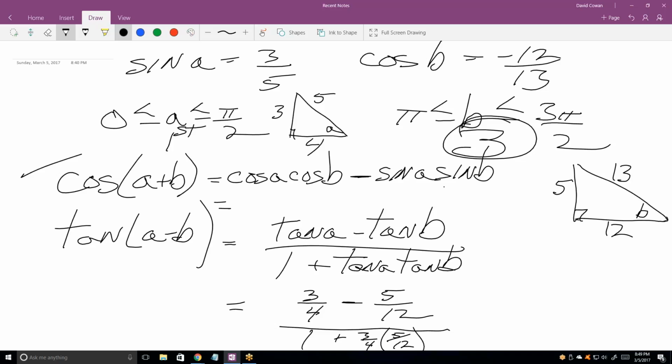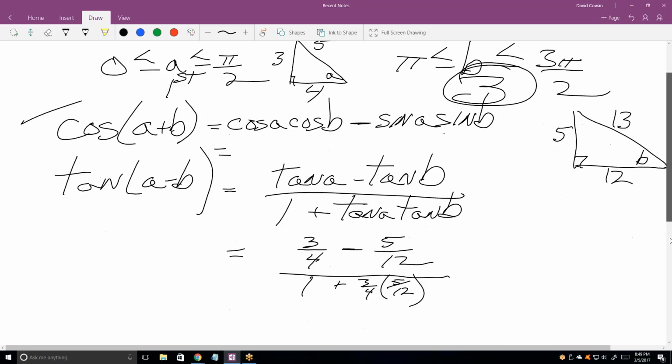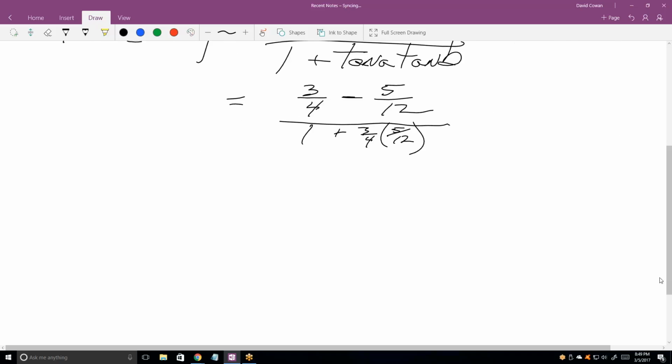And then again, tell me how to do this algebra, because you do need to simplify this. So multiply 3/4 by 3, and you get 9/12.